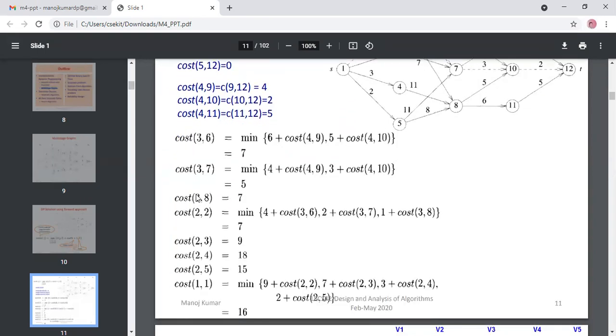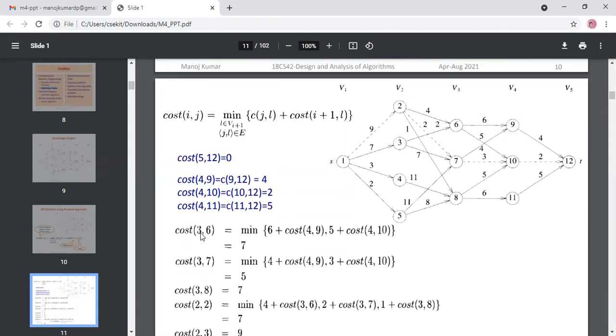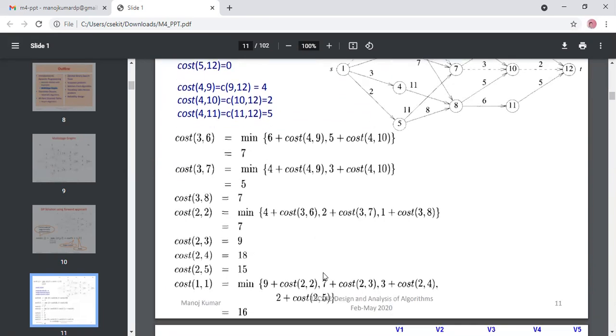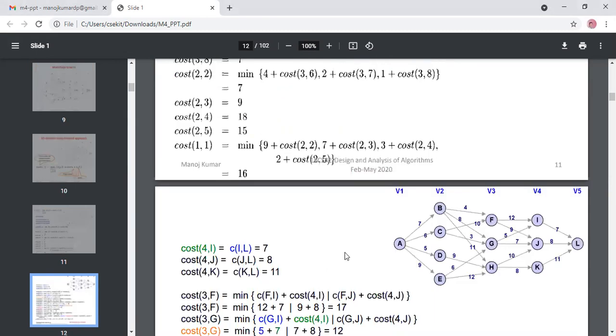So this is the representation. Cost of 3 comma 6 is equal to min of c of j comma l, it is 6 plus cost of i plus 1, that you take as 4 comma 9, comma 5 plus cost of 4 comma 10. So that will be taken as 7. This is the notation for how you are going to calculate the values for the cost of all the parameters.